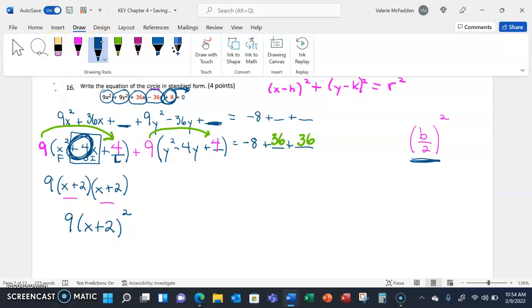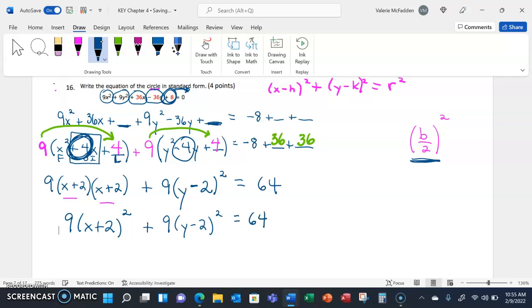Over here, it's going to be plus 9 times y, and then half of my b term, half of a negative 4 is a negative 2, squared, equals 64. So I have plus 9 times (y minus 2) squared equals 64.